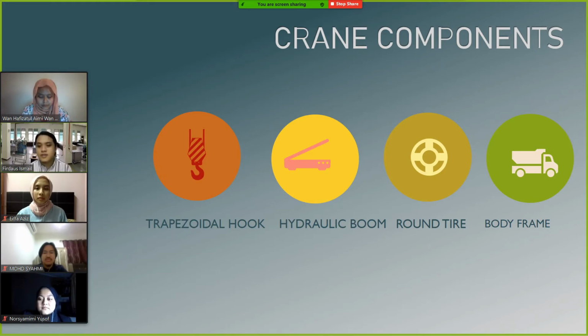For the tire, we've chosen the rubber round tire because it is very versatile for a lot of terrains. And for the body frame, we use the normal steel body frame. It has one cap, both for the driver and the operator. Next.